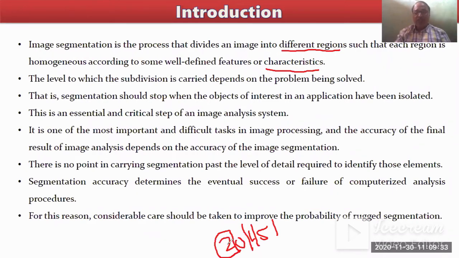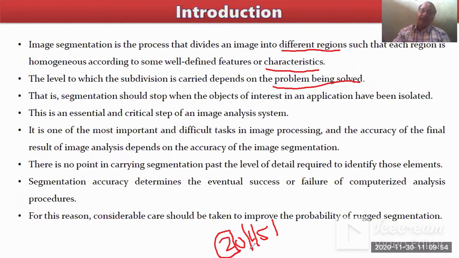Now how does this division take place? The division takes place on the basis of some characteristics or features. The level to which the subdivision is carried depends on the problem being solved, that is, on the application of the image.